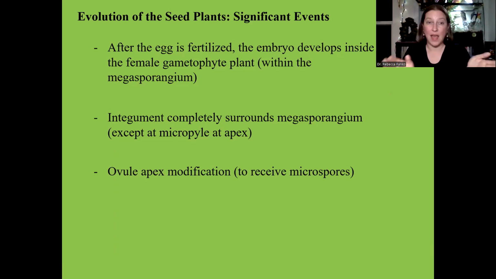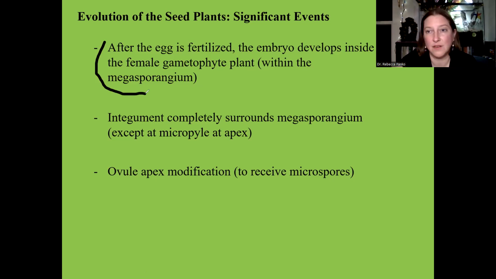So the egg gets fertilized, the embryo begins to develop, and the integument is going to be protecting that area and will ultimately become the seed coat. Sorry, I'm getting confused. I think this should actually be on 2 different slides, because this is just saying the egg is fertilized and the embryo grows inside of where the female gametophyte plant is, because she had the egg.